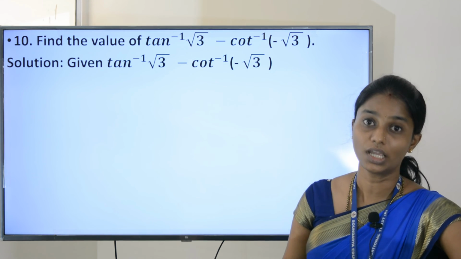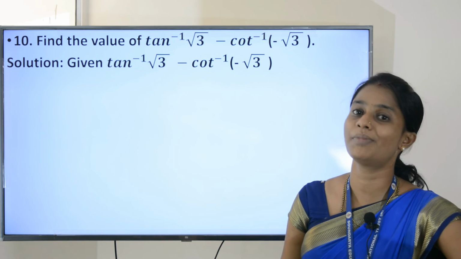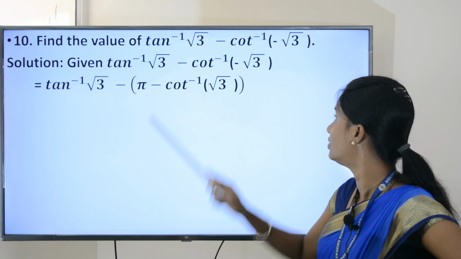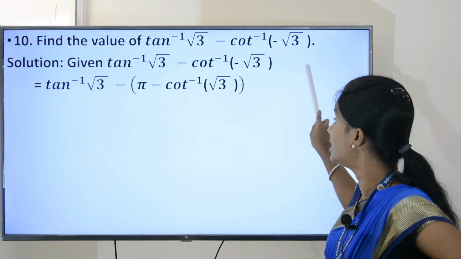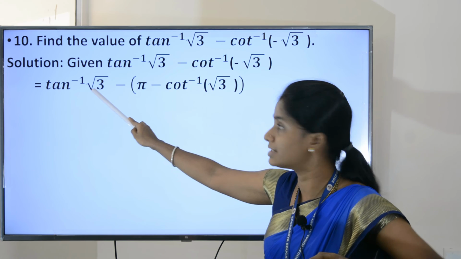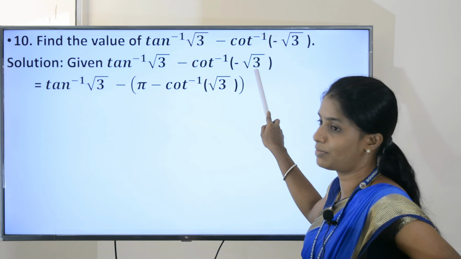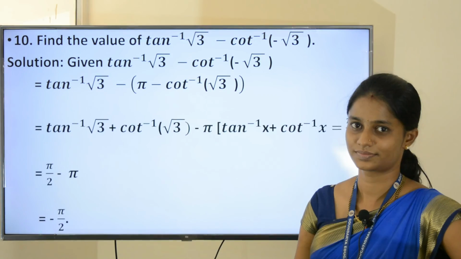What is the property? Cot inverse of minus x is equal to pi minus cot inverse x. That property I have to use here. So tan inverse root 3 I write as it is, minus. So cot inverse of minus root 3 can be written as pi minus cot inverse of root 3.